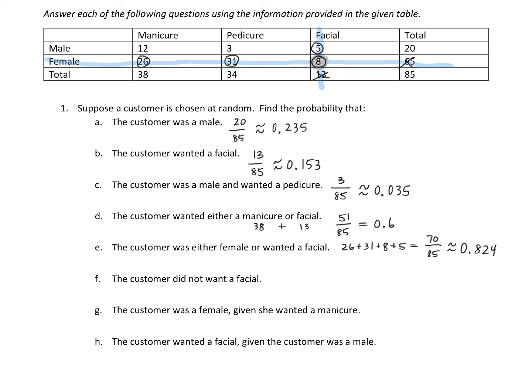Okay, part F, find the probability that the customer did not want a facial. If we've already found the probability that they did want a facial, which we did, those are complementary events.